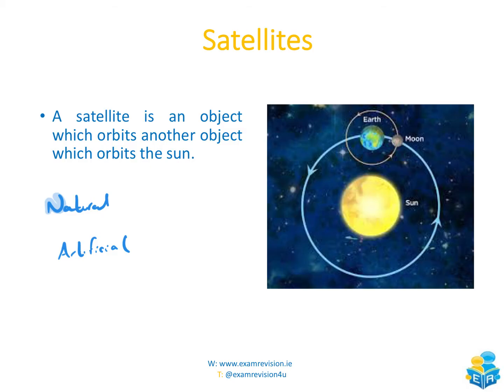Okay, the moon is an object which orbits another object which in turn orbits the Sun. Okay, so that's the definition there for a satellite. An object which orbits another object which orbits the Sun. Okay, moon is an example of a natural satellite. Okay, it's one of the celestial objects that happens to be a satellite because they orbit another object which orbits the Sun. We can have artificial satellites as well. So these are satellites which are intentionally sent into space.